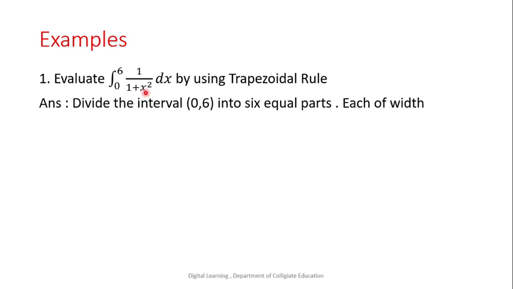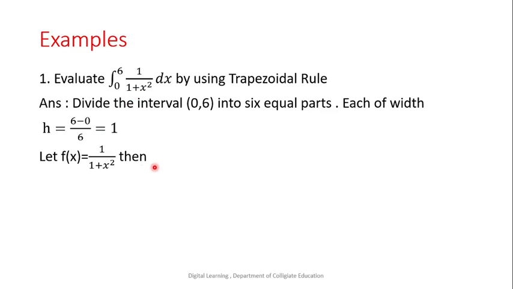Here let us divide the interval 0 to 6 into 6 equal parts, that is n is equal to 6. Therefore each width h is equal to b minus a divided by n, that is 6 minus 0 by 6 gives 1. And here f of x is the integrand, f of x is equal to 1 by 1 plus x square.